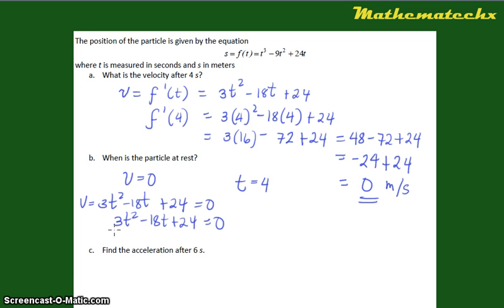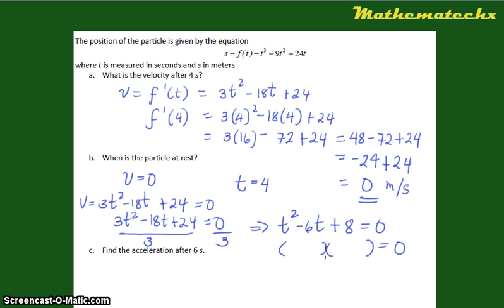Note that we can divide each term by 3, including the right hand side of the equation. Dividing both sides by 3, this will become t squared minus 6t plus 24 divided by 3, which is 8, equals 0.